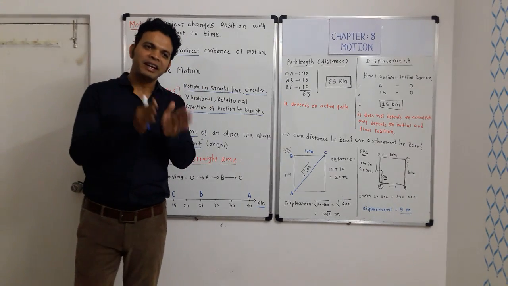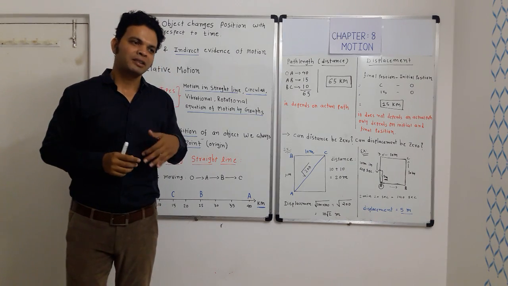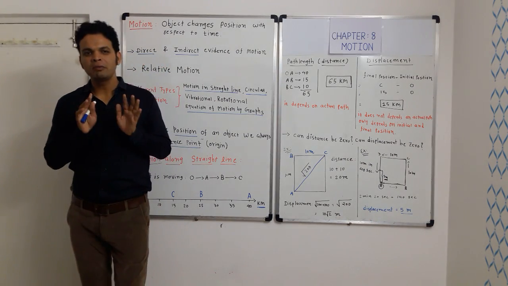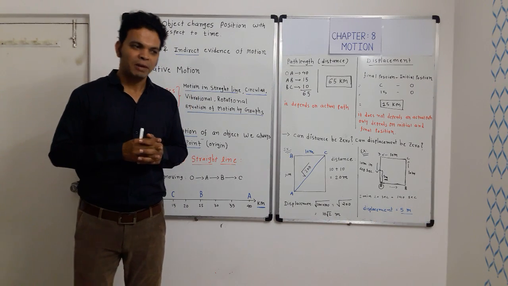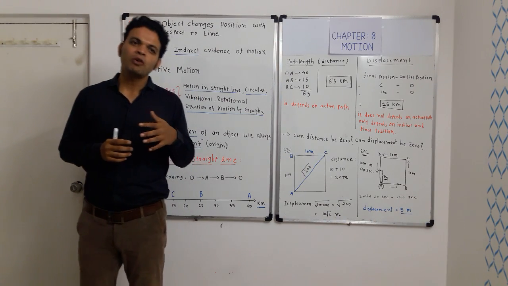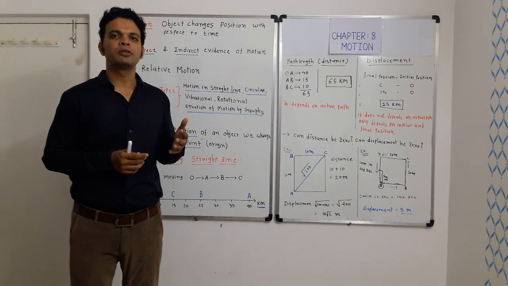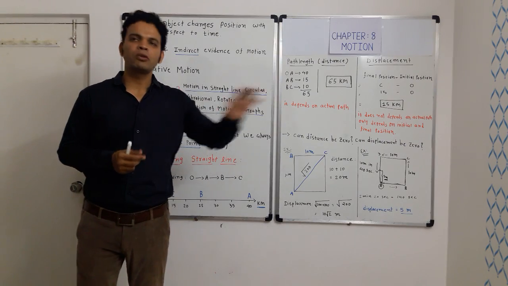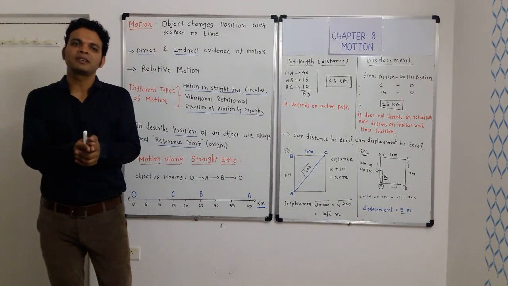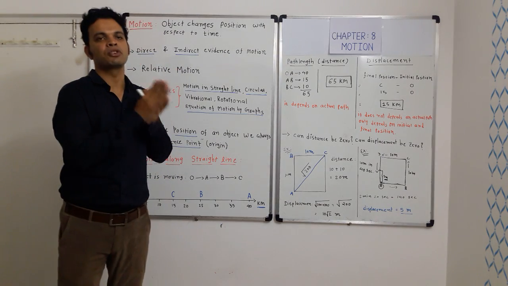Whether the train or bus is steady or moving on the road, the person sitting next to you always remains stagnant with respect to you. Yes, but when we take the opinion of some other person who is not in the bus or the train, who is sitting by the roadside, then for that person, you and the person sitting next to you are both in motion.